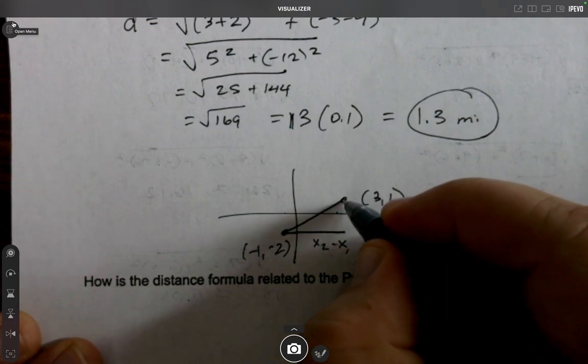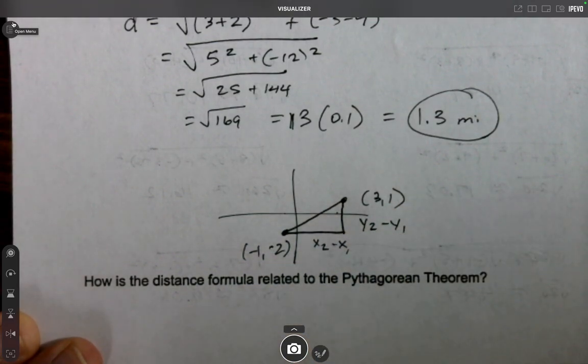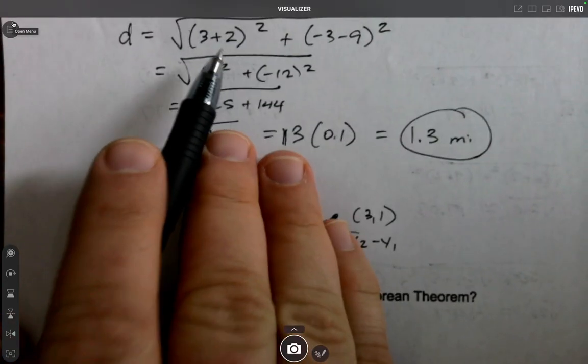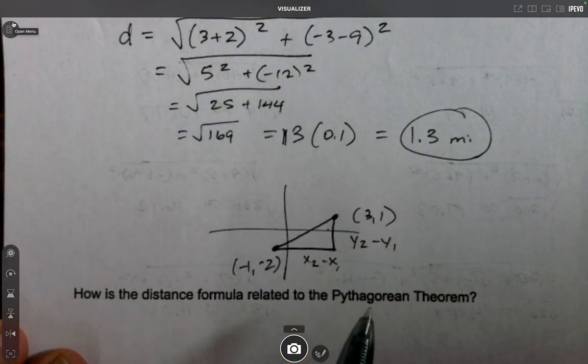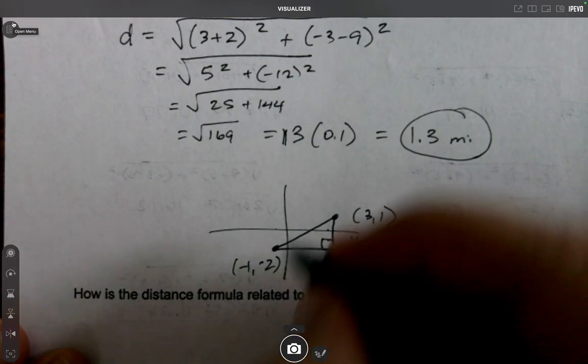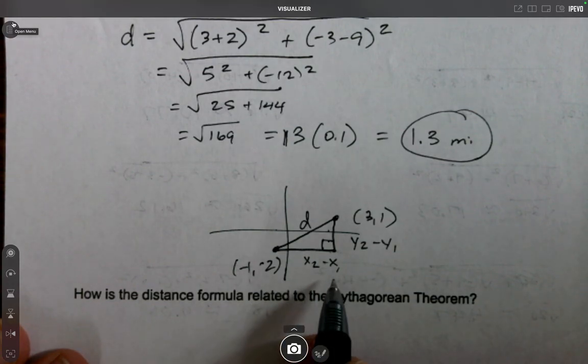Just like when we do y2 minus y1, it tells us the distance between the two y values. So we are actually finding the horizontal distance between the two and the vertical distance between the two. If you notice, by doing that, we've actually created a right triangle. This is the distance. This is the x2 minus x1 and the y2 minus y1.